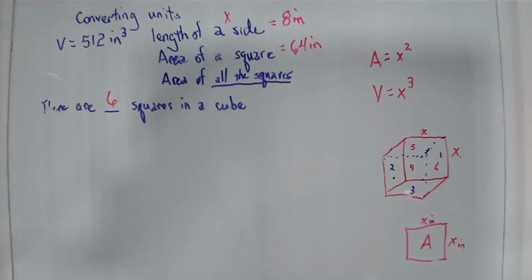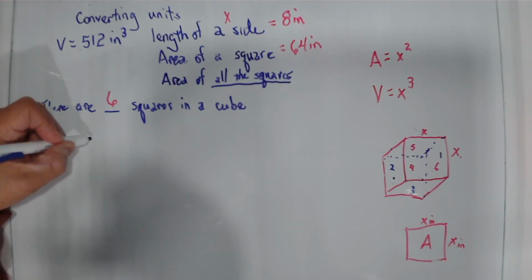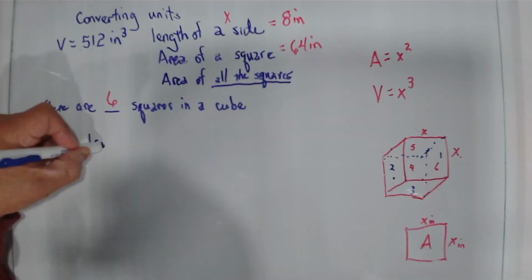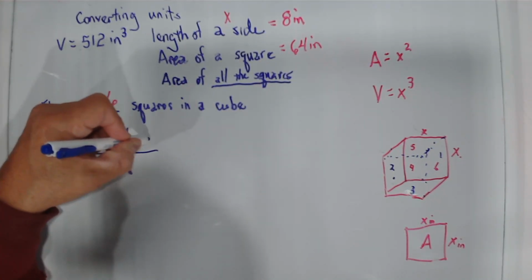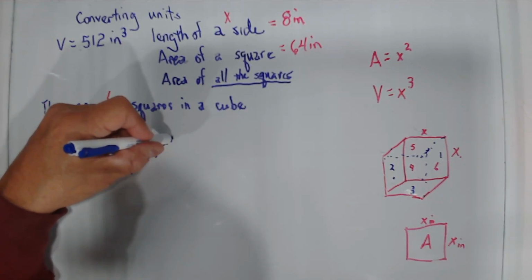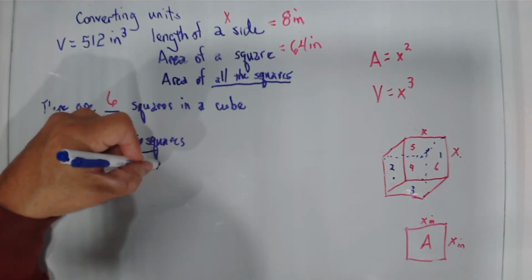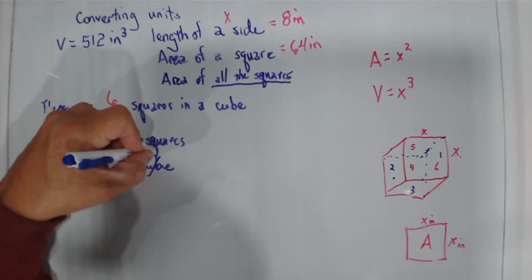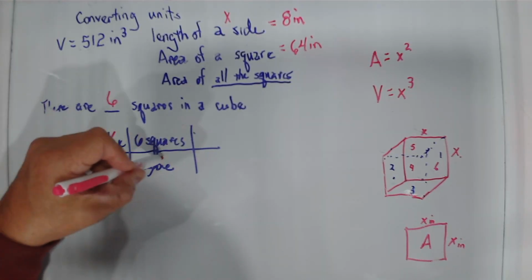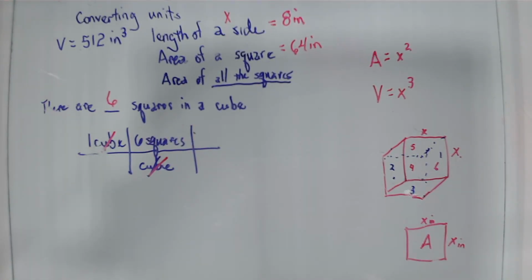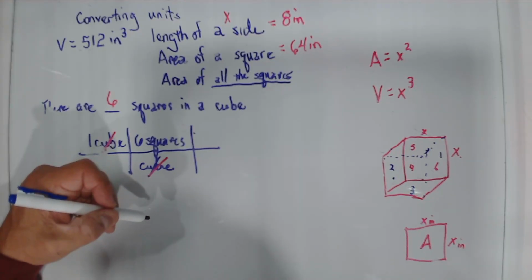Okay, so we can write that out. We know there are, we got 1 cube, right? There are 6 squares in a cube. That cancels out. And there is the area of a square.